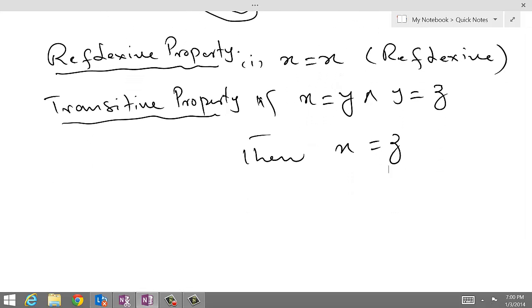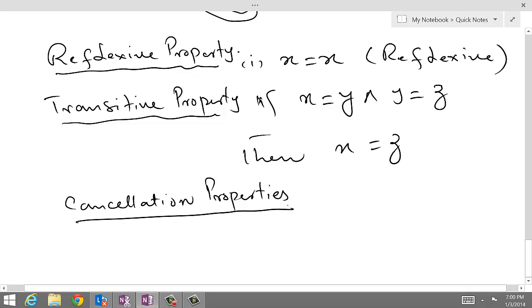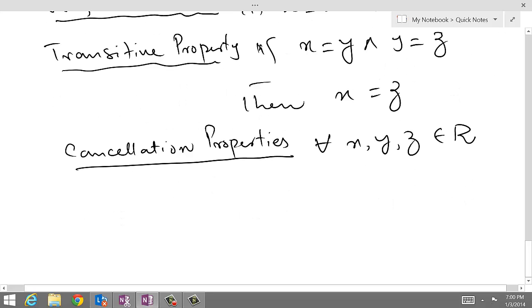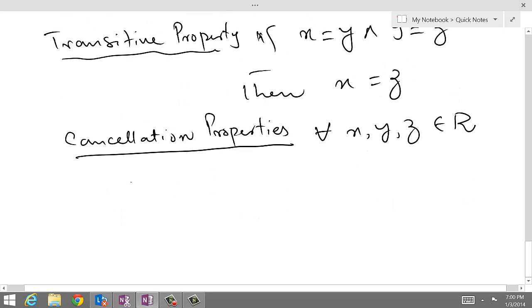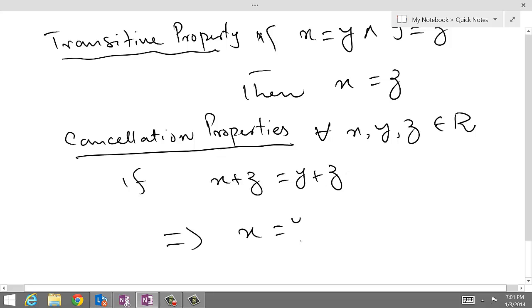And then there are cancellation properties, both with respect to addition and multiplication. For all x, y, z belonging to R, if x plus z is equal to y plus z, this means we can write x equal to y.